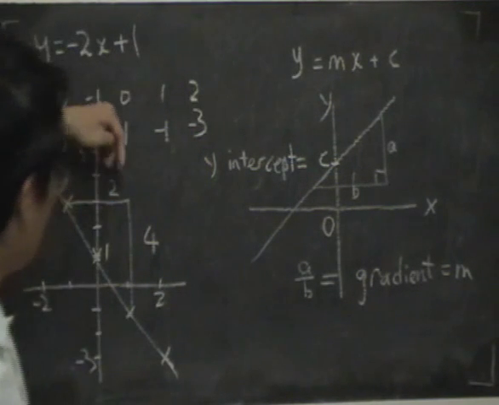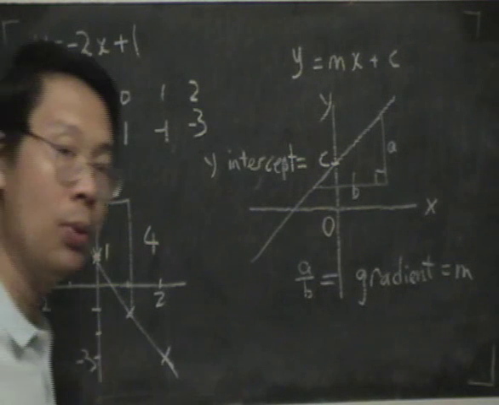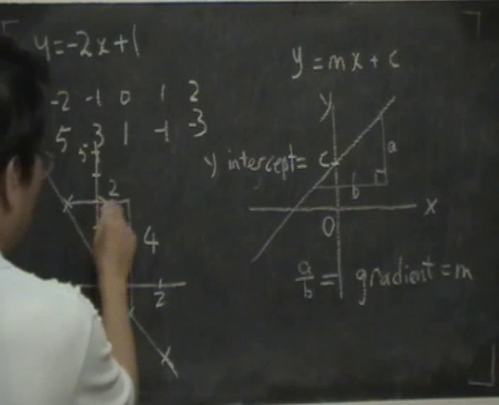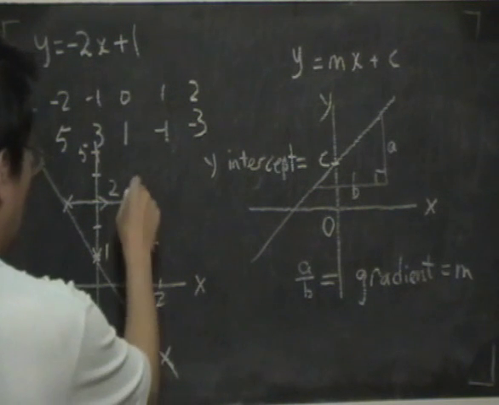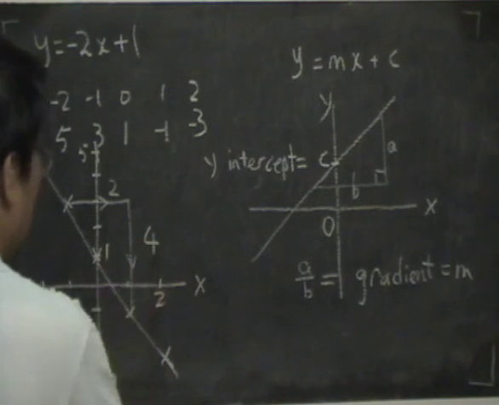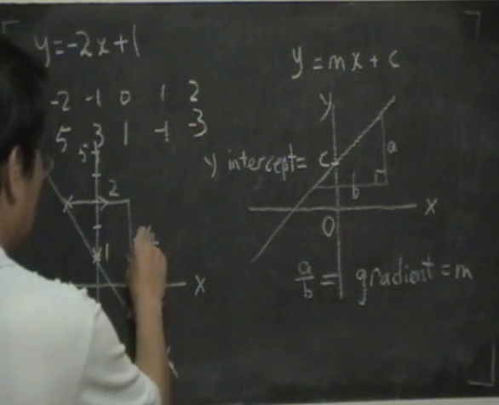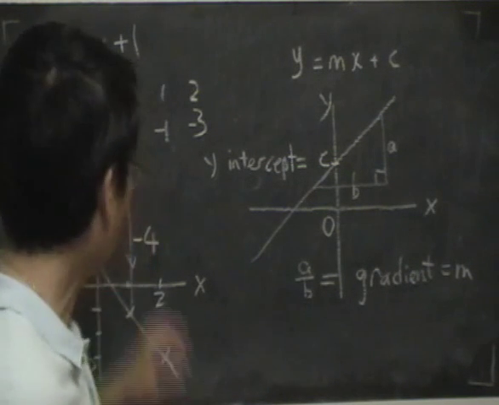But because I have to come down, because when I move forward in the x, I then have to come down in the y, we said that we have to take the vertical distance as a negative number, it's a -4.